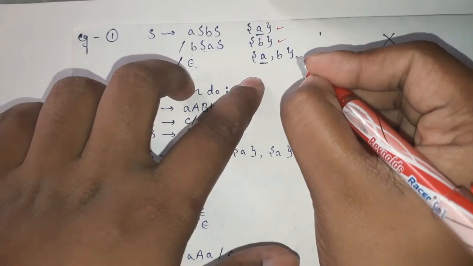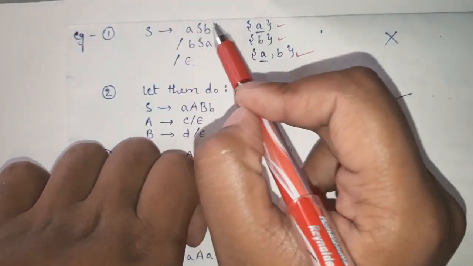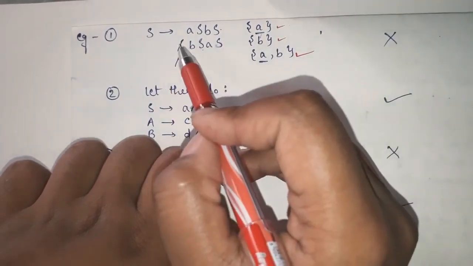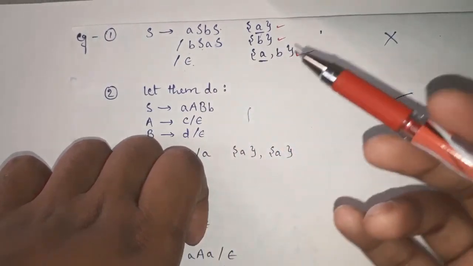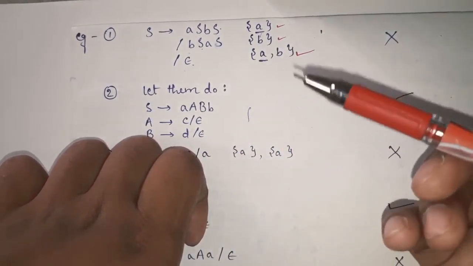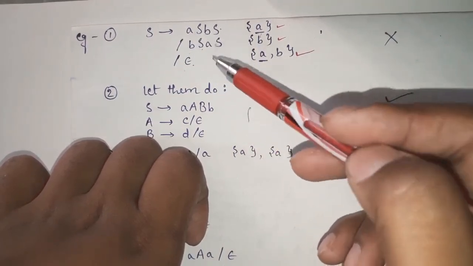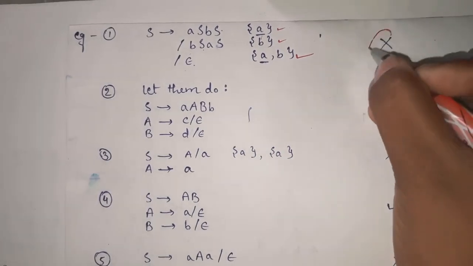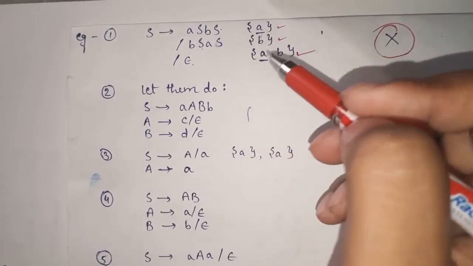Here you can see that in small a this production will be placed and this production will also be placed. In small b this production will be placed and this production will also be placed. So in one cell there will be more than one production in case of this grammar. So I can say that this grammar is not LL1, because we are getting multiple entries.